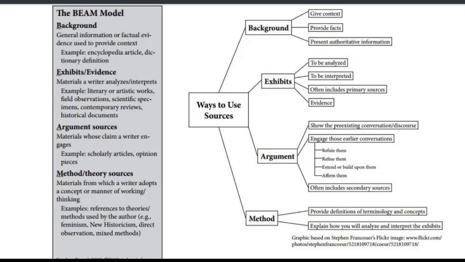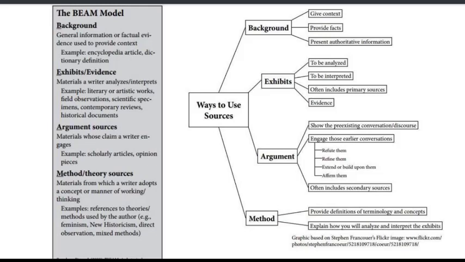Finally, you have methods. Method is essentially dealing with things like definition, terminology, concepts, presenting those. For example, so you have a working definition. So for example, if you were writing a paper about feminism or something like that, feminism has different interpretations of what it means, different definitions. And so the method is the way you're going to approach this paper.